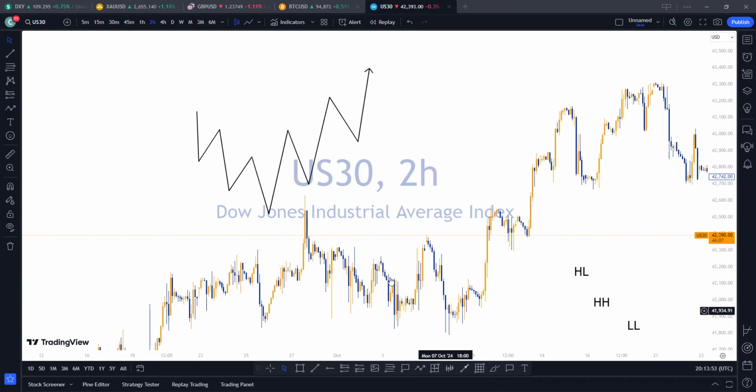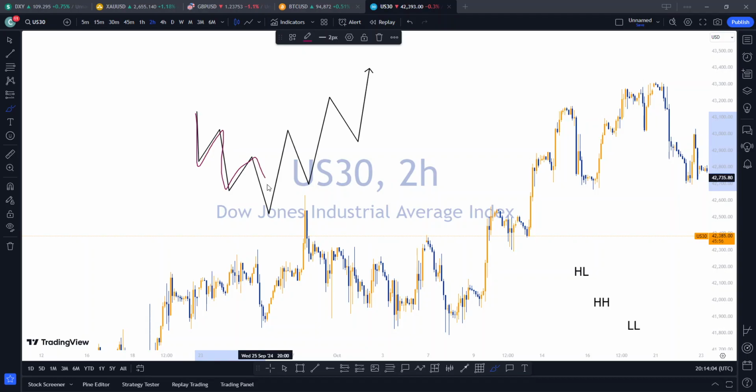You can see that this particular one right here, we're having the impulse that gave us the lower low, lower high, lower low, lower high, lower low. And if you want to continue to push to the downside, what are we supposed to expect next? A lower high, right?